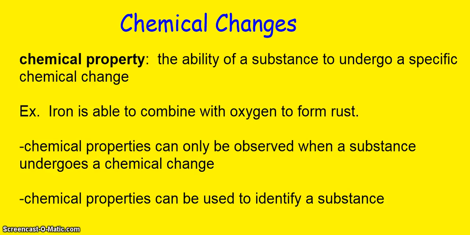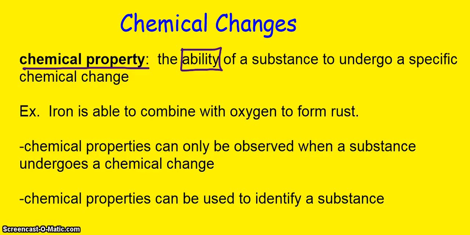So if I'm looking at a chemical change, that brings in the idea of a chemical property. This one's tough because they're really close to each other, but they are different. A chemical property is the ability to undergo a specific chemical change. So it's not the change itself, it's the ability to undergo that change.